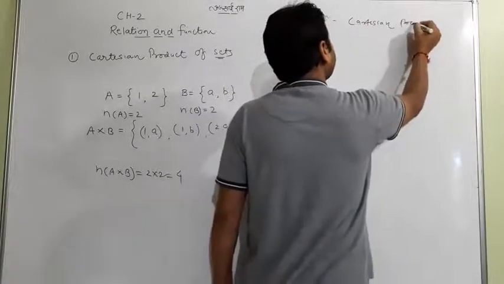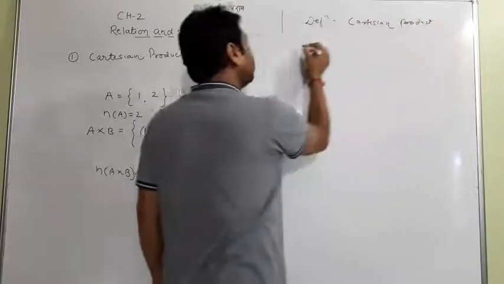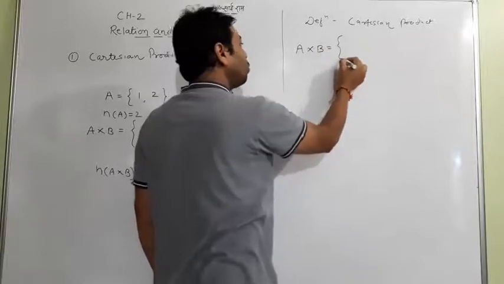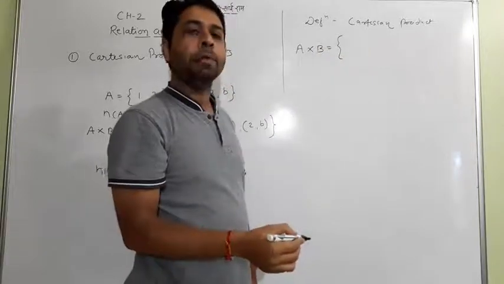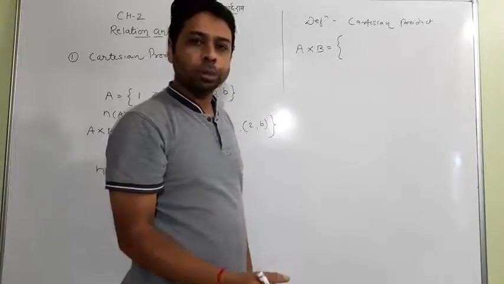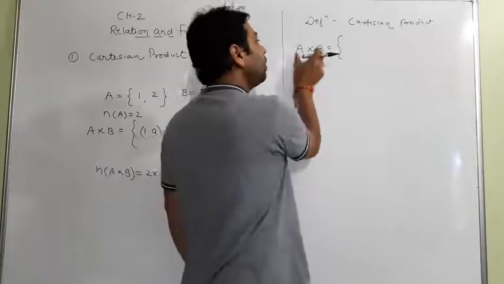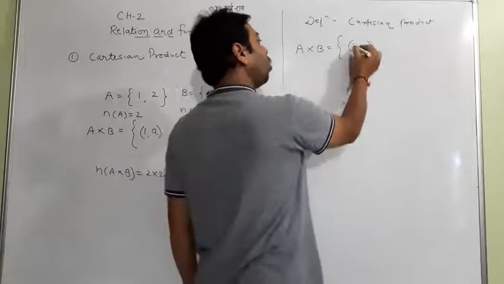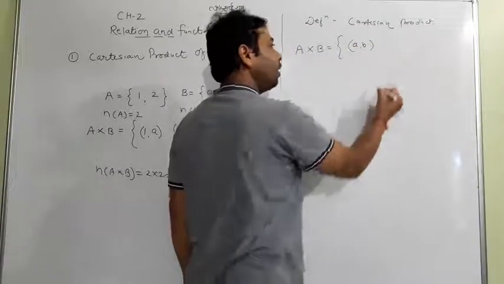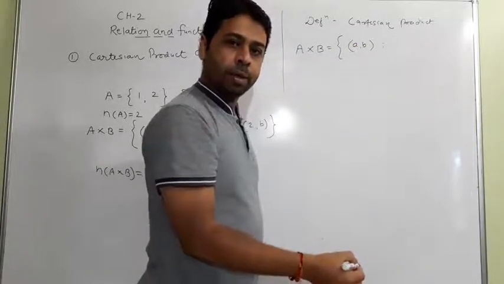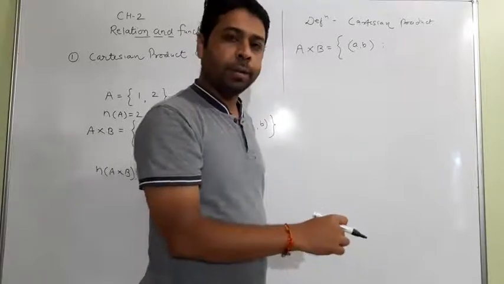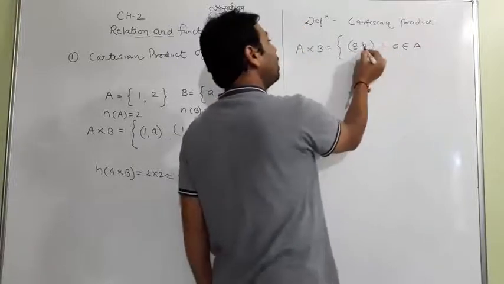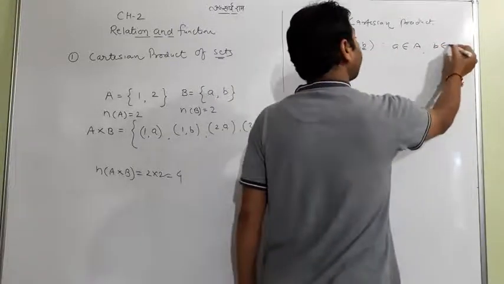Cartesian product is actually, suppose A and B are two sets and we want to write the simple definition of formation of A cross B. So I would say that A cross B will contain all such ordered pairs like (a, b), where a belongs to capital A and b belongs to capital B.